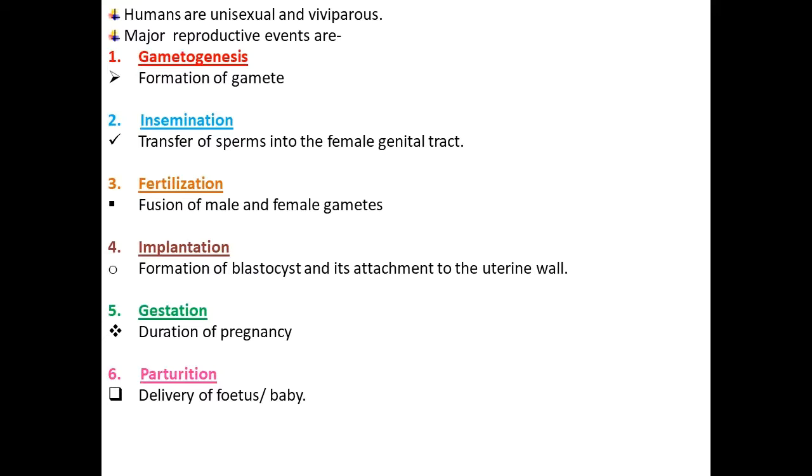Clear? The 6 events, repeating again. First is गैमीट्स का बनना, गैमीटोजेनेसिस. गैमीट्स बन जाएंगे, उसका ट्रांसफ़र होना called इंसेमिनेशन. ट्रांसफ़र हो जाएगा तो egg and sperm fuse, called फर्टिलाइजेशन. और फर्टिलाइजेशन हो जाएगा तो जाइगोट बन जाएगा, तो जाइगोट से एम्ब्रियो बनेगा. और वो एम्ब्रियो अर्ली स्टेज में ब्लास्टोसिस्ट जो है वो यूटरस की वॉल में फिक्स हो जाता है. फिक्स के लिए वर्ड क्या आ रहा है? इम्प्लांटेशन. ठीक है.